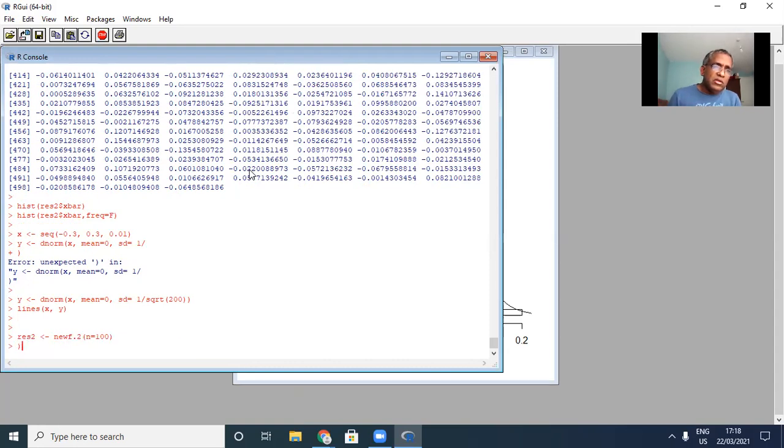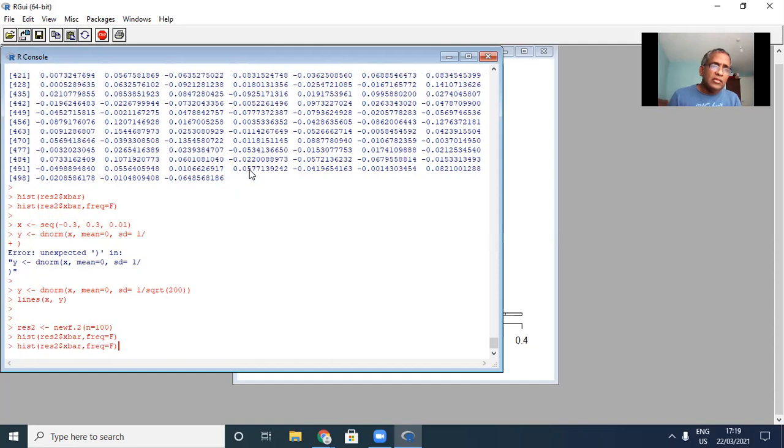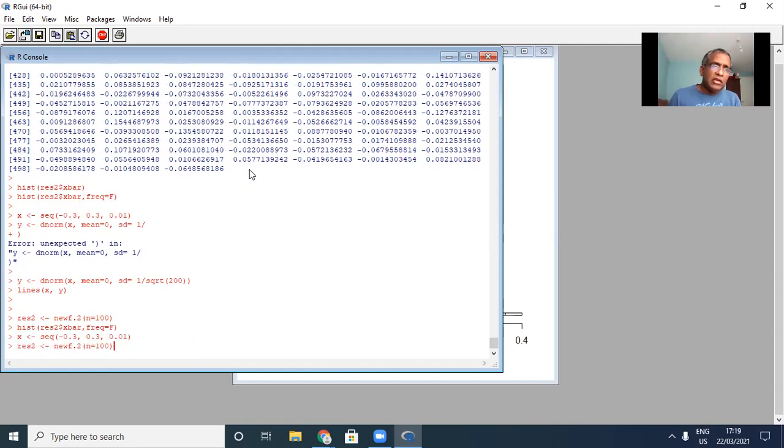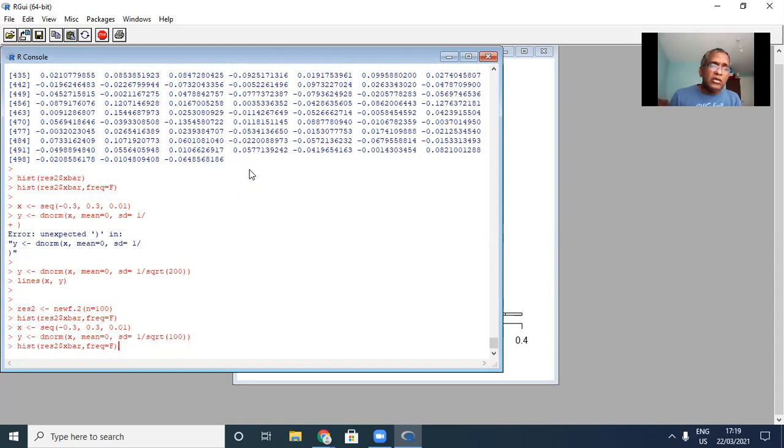Then I do a histogram like this, define the x values to be this, and define y with this changed to 100, because remember, it is sigma squared divided by n. Then you use the lines command.